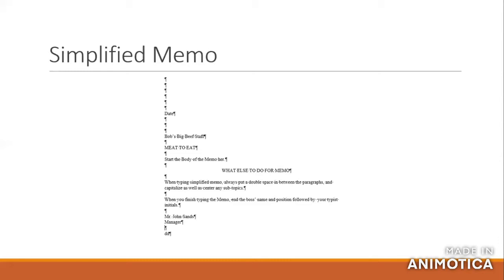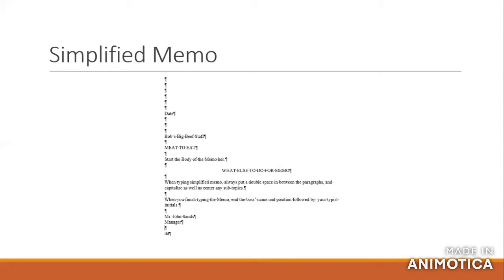Then you would start the body of the letter, double space between paragraphs, each paragraph single space, and if there's a subheading, you would put it in the center in all caps.